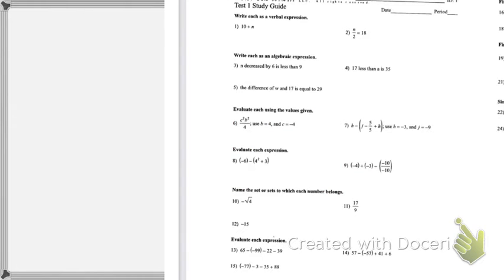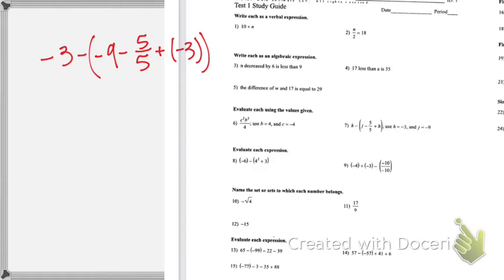All right, next, number 7 says h minus j minus 5 divided by 5 plus h. So we will plug in -3 minus -9 minus 5 over 5 plus a -3.